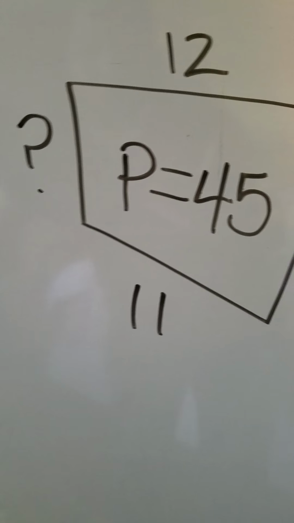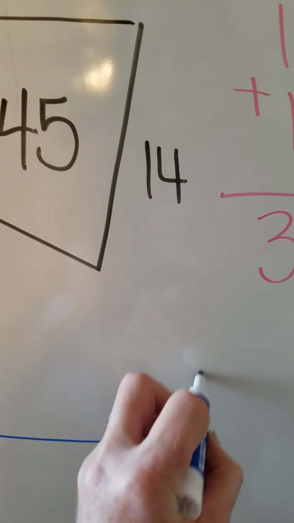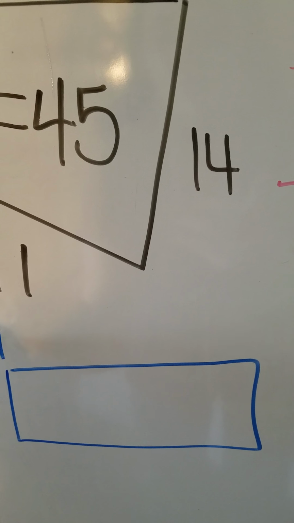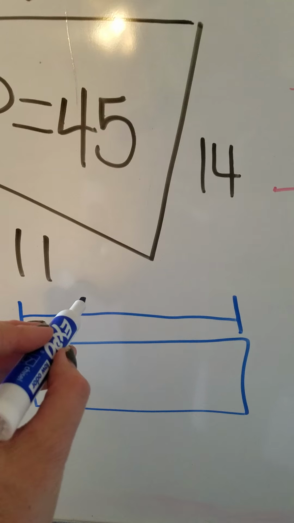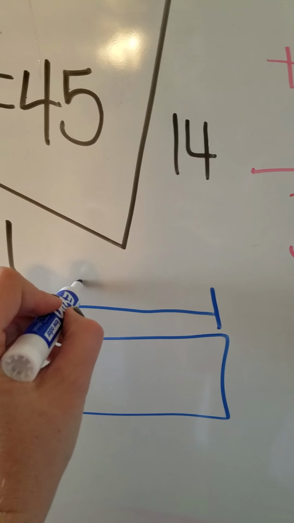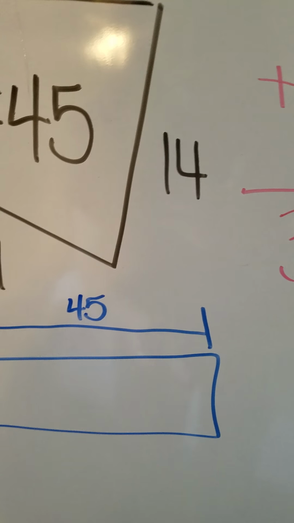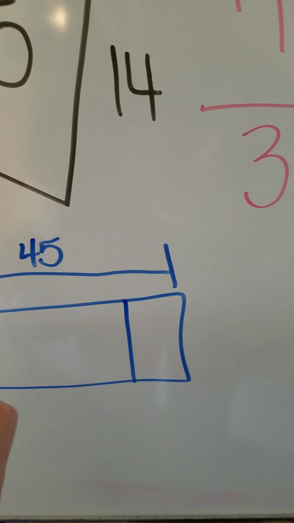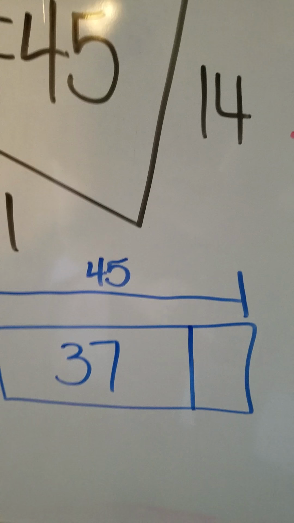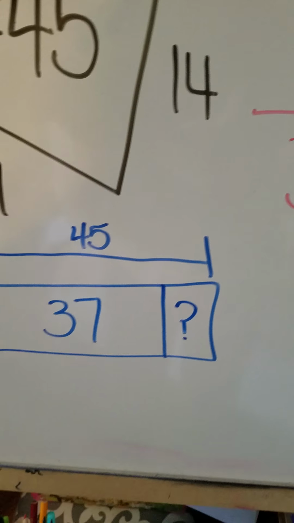So let's put that into a strip diagram just to show ourselves what we know. So I'm going to draw it this way this time. You've seen it drawn many different ways. So our total is supposed to be 45 because your perimeter represents your total. And we know 37 of that total. And we're looking for this missing piece.